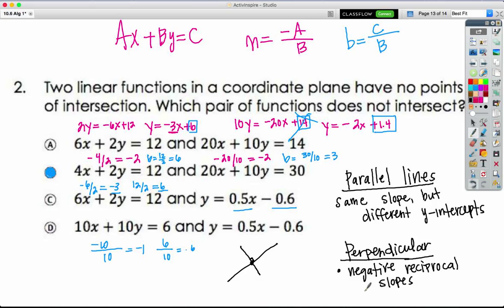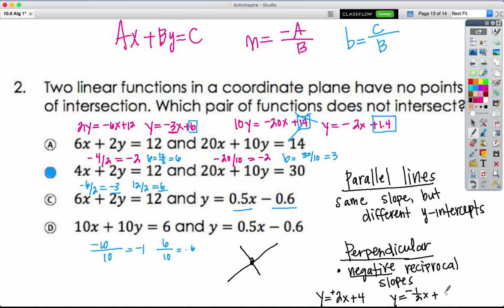For example, if one of my equations was y equals 2x plus 4, to know if the other one was perpendicular, I would have to have the reciprocal, which if it's originally 2/1, it would have to be 1/2. But also, this word negative reciprocal means it has to be the opposite sign. So if this was a positive 2/1, this would have to be a negative 1/2.